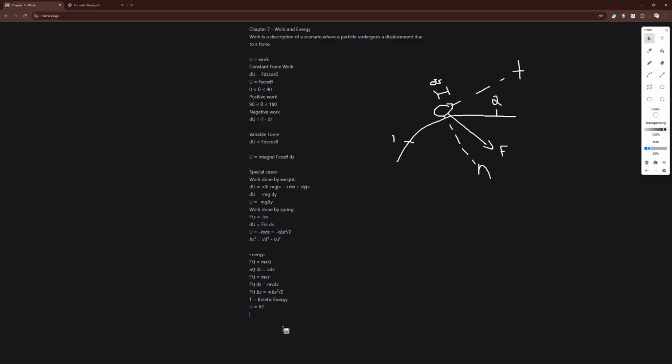So this equation, which I will rewrite as T2 minus T1, remember, because F delta s is work, in the tangential direction, is telling us that work causes kinetic energy change.